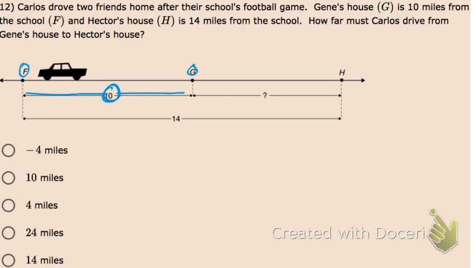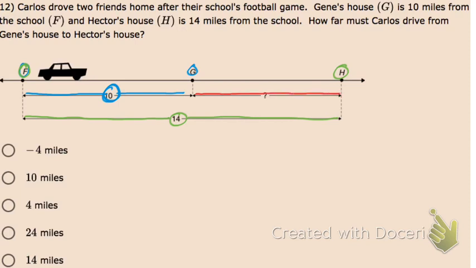Then they're saying from the school to Hector's house, from F all the way down to H, that is 14, okay? So they want to know what is the distance from Jean's house to Hector's house.